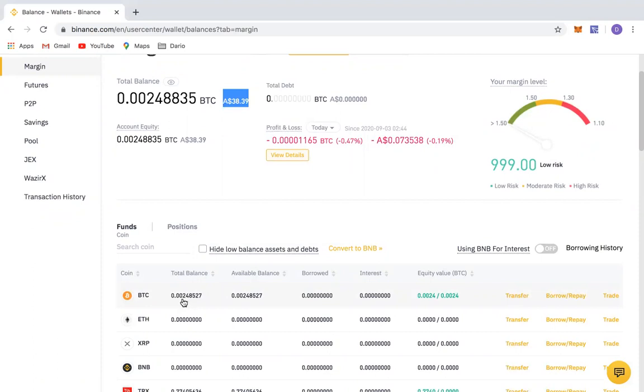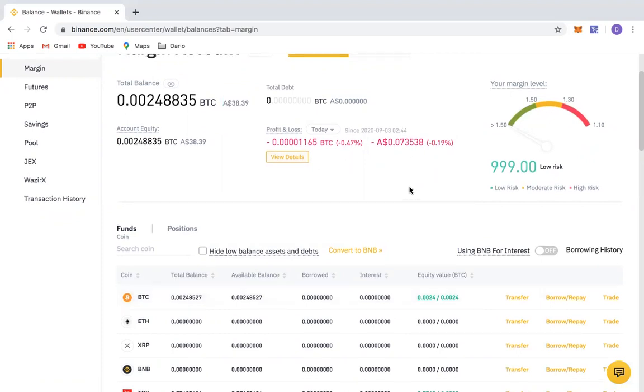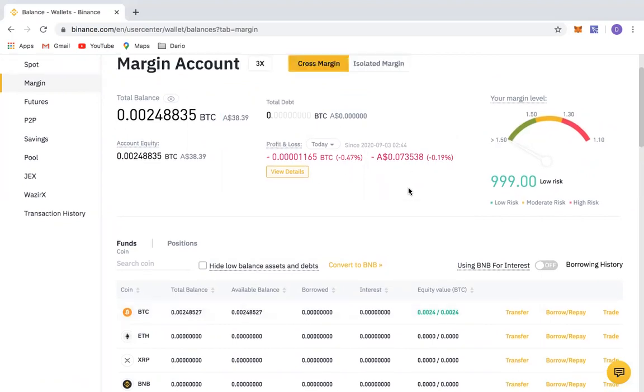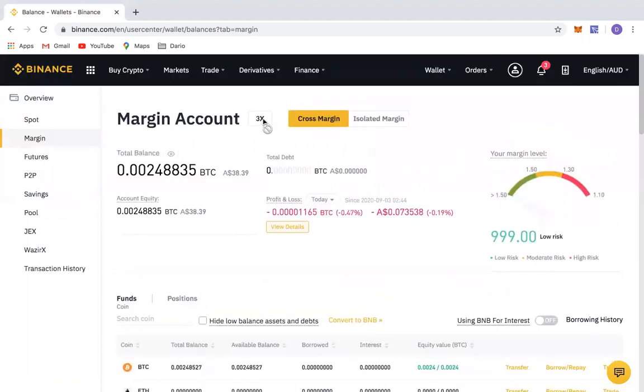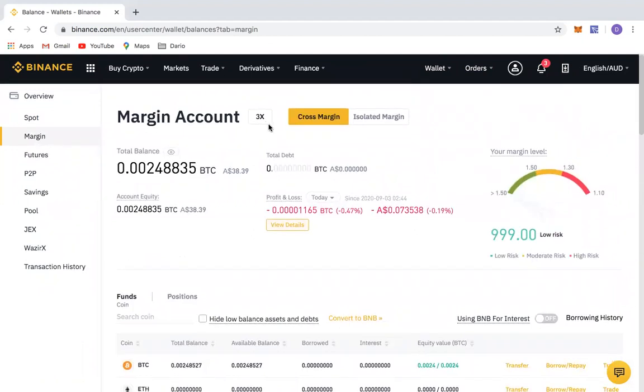And where people get confused here is they don't understand that the Binance platform gives you multiple ways to actually use the leverage. So I can open a trade on this 3 times leverage. It actually goes up to 5 times, I think because I haven't verified this account, maybe. So yeah, you can get up to 5 times on the cross.